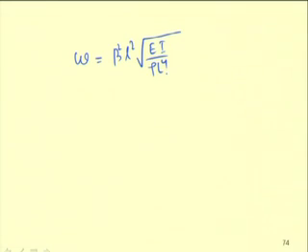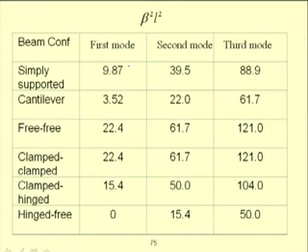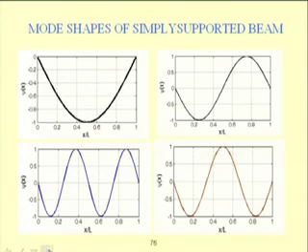For different boundary conditions, the first three modes have been calculated. For example, in case of simply supported, beta square L square will be pi square, and the second mode is 4 times the first mode and the third mode is 9 times the first mode. Similarly, for different boundary conditions, they have been found like this.